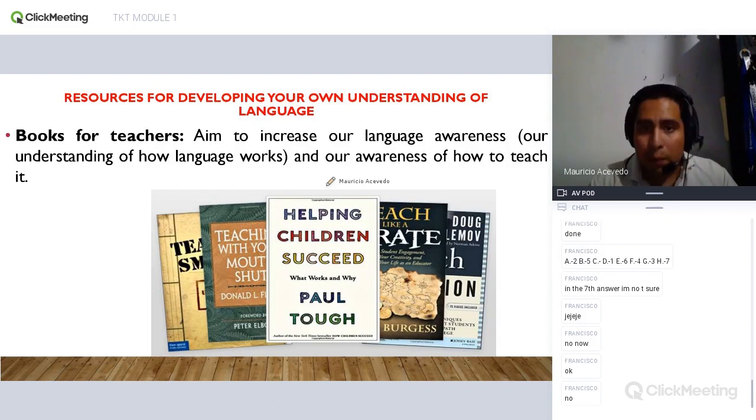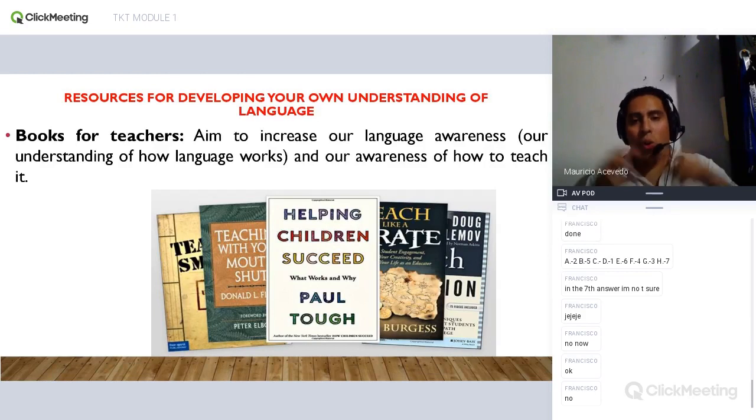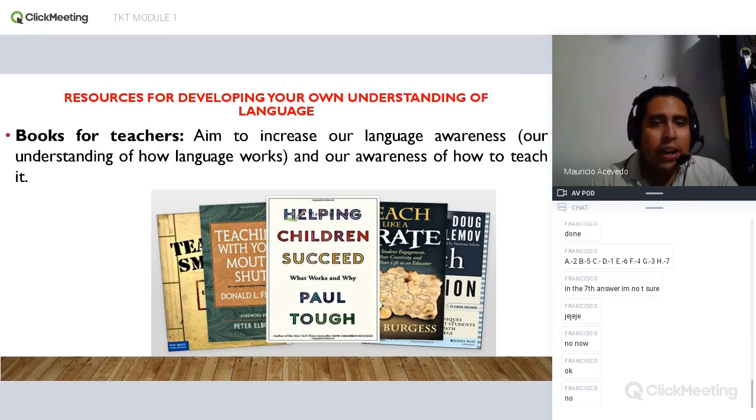We have grammar books, but now this grammar, how you will be able to transfer this knowledge to the students. So it's not only practice grammar, it's also to analyze the grammar and know how to teach it, how to share that knowledge.